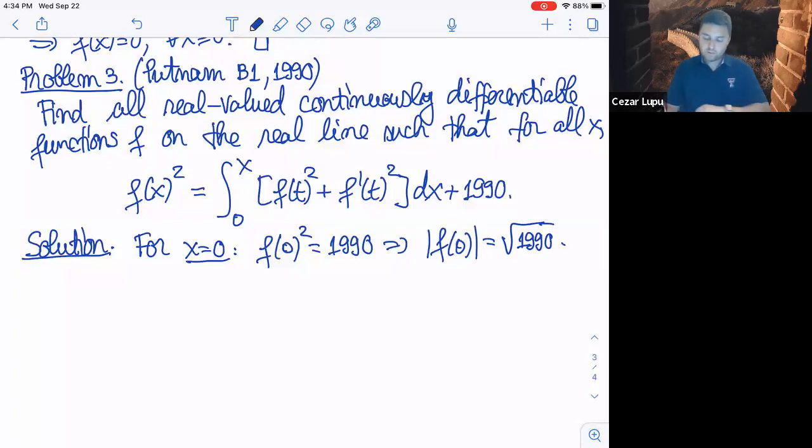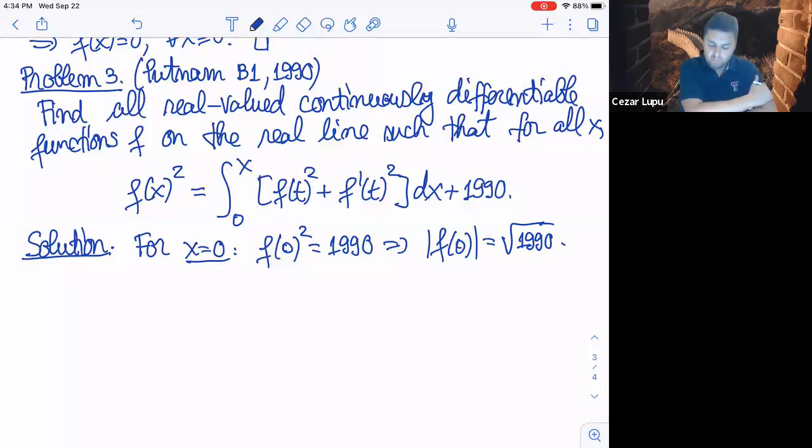Since we deal with an integral functional equation, and on the left-hand side we have the square of a function f, and on the right-hand side we have an integral involving the square of the function and the square of the derivative.